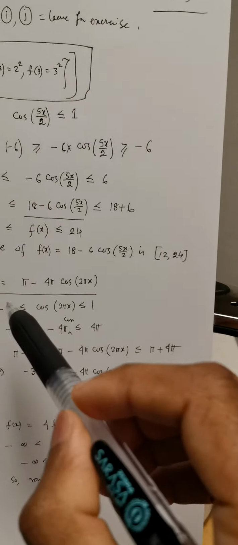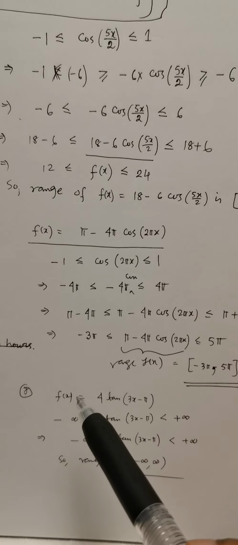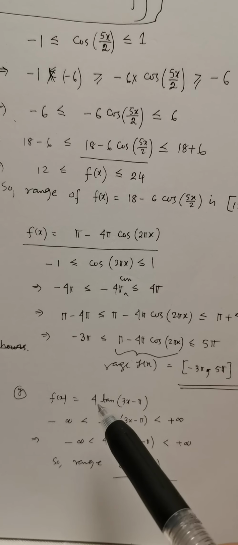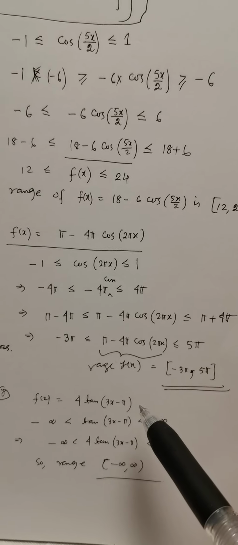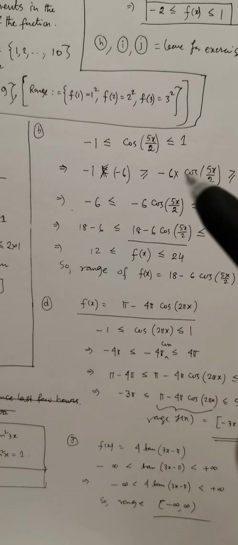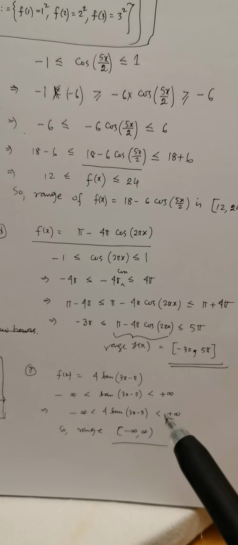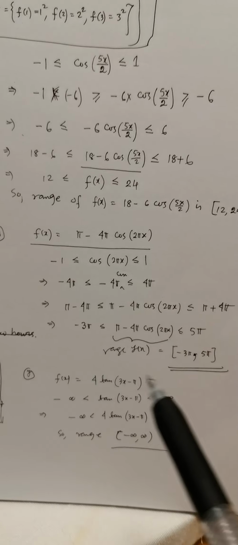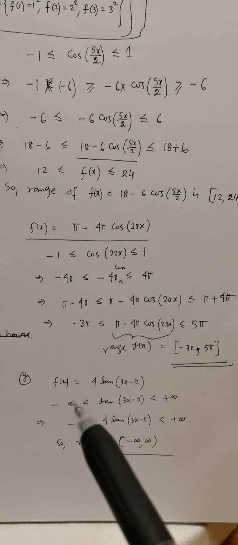So this was D, and now G is f(x) equal to 4 tan of 3x minus 4 pi. Like we see that sine and cos lie between -1 and +1, whereas tan lies between minus infinity and plus infinity. You can go back and check, learn a little bit about tan x.